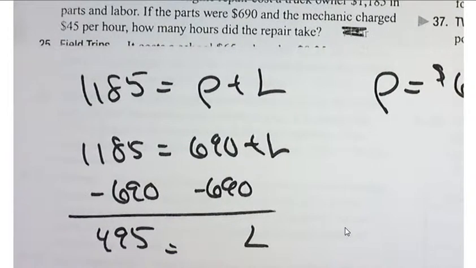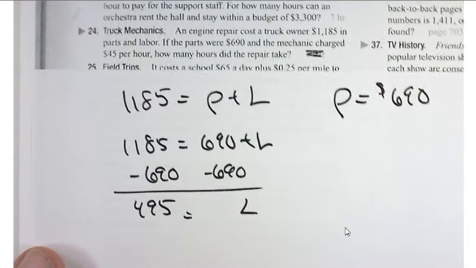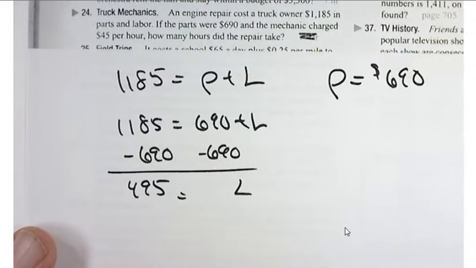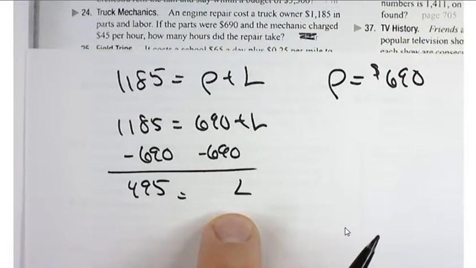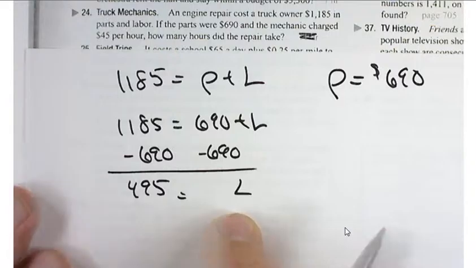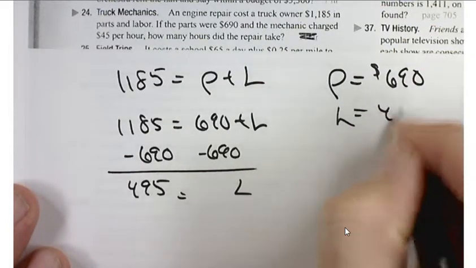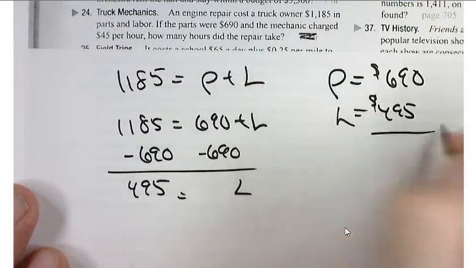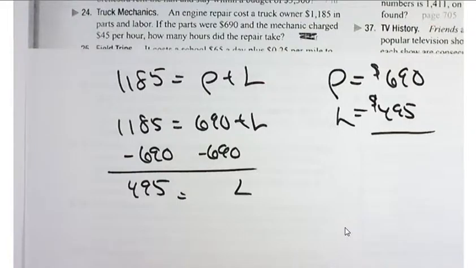We're not quite done though. That's how much was spent on labor. Labor is 495. So that much works okay. But we need to know how many hours this guy worked on it.